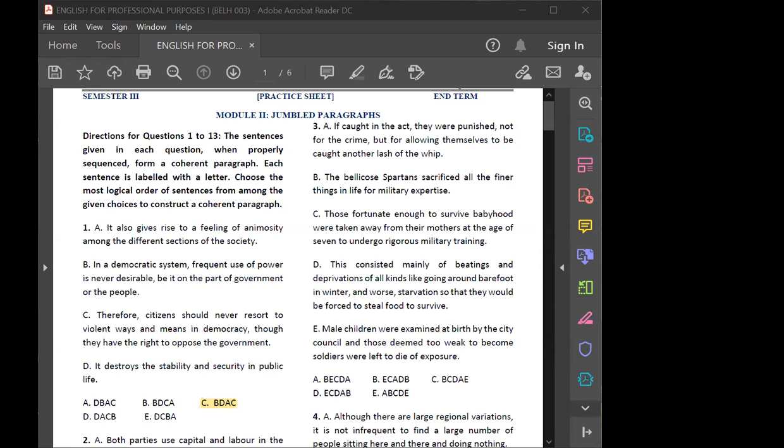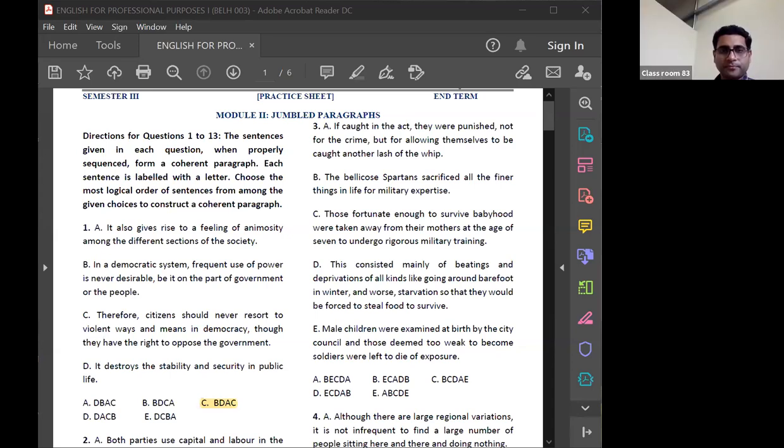Because if we start from the E sentence, male children were examined at birth by the city council and those deemed to be. Sir, in comparison to this, B can be a good beginning, or we can say perfect in the start. The Spartan is part and sacrifice all the finer things in life.